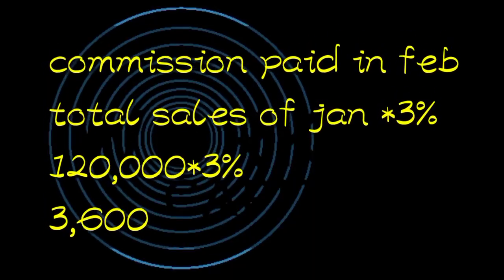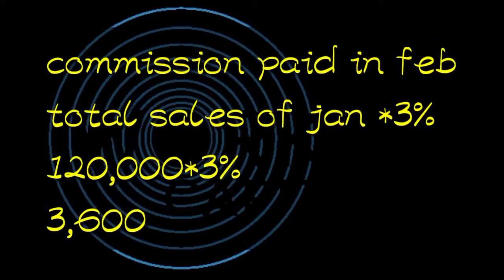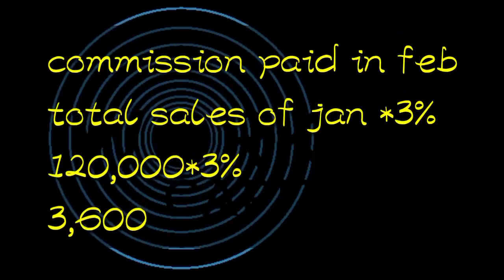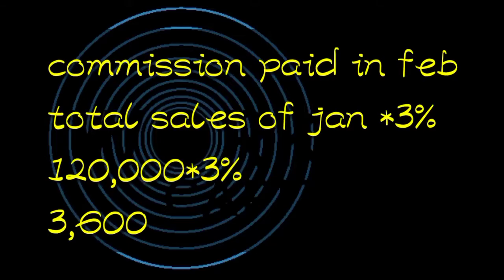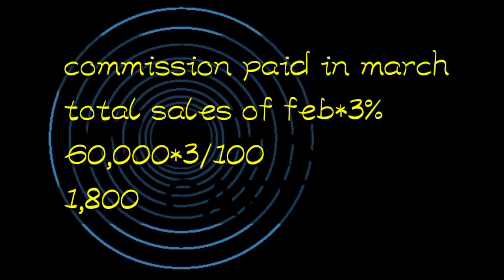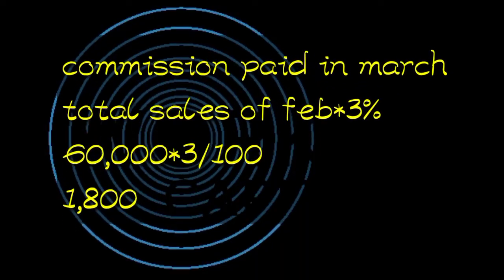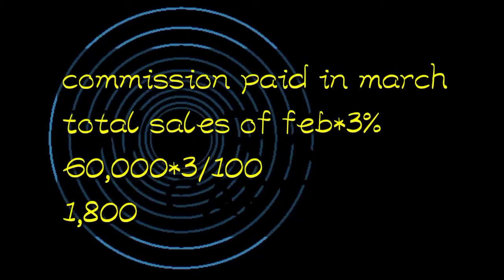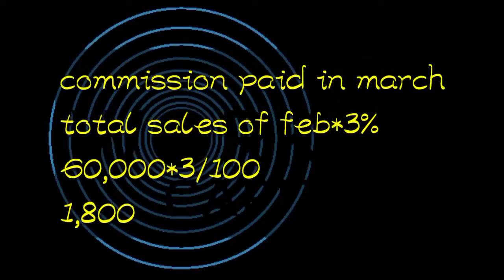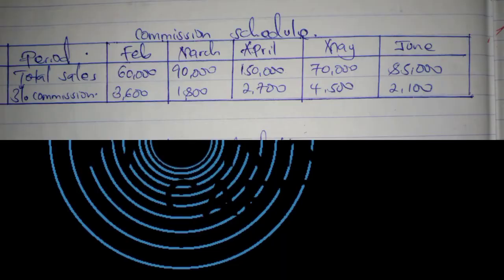And that will be the commission that will be paid in Feb. Then in order for us to get the commission that will be paid in March, we get the total sales of Feb times 3%. And what we get is 1,800, and that's the commission that will be paid in March. We do the same thing for April, May, and June. Paying of commission is an outflow, so those figures are what we shall record in our cash budget under cash outflows.